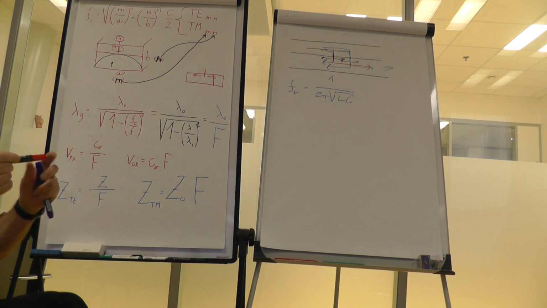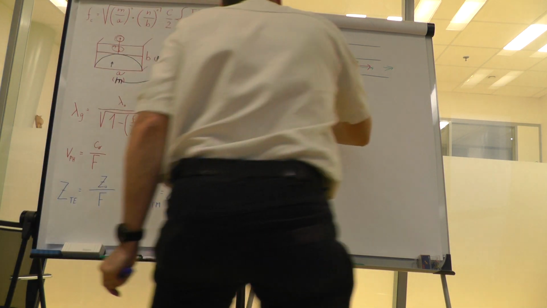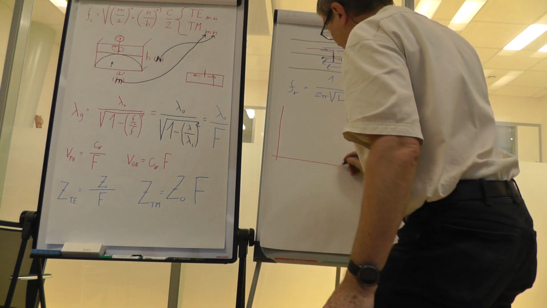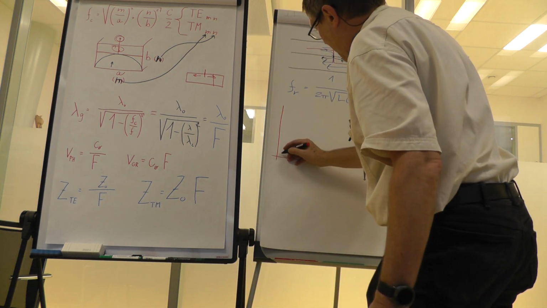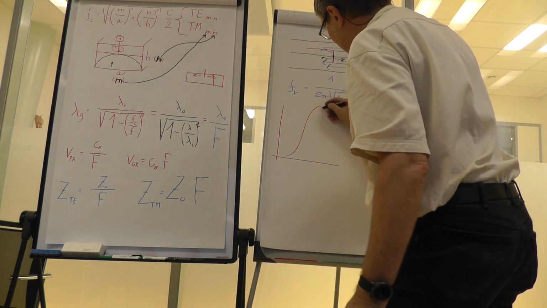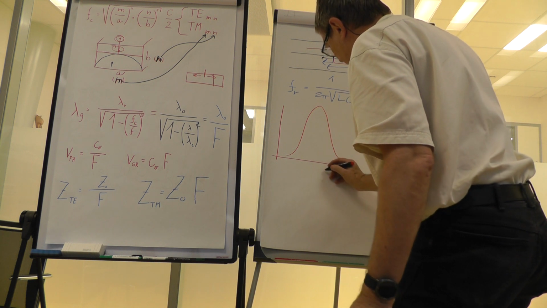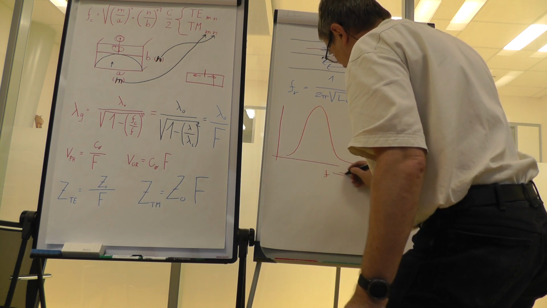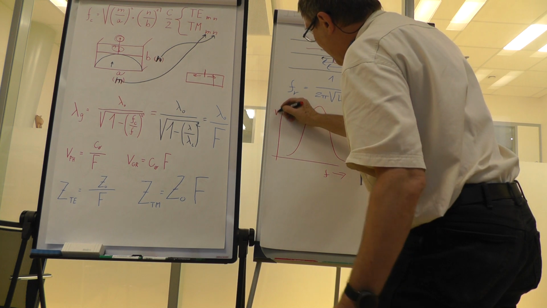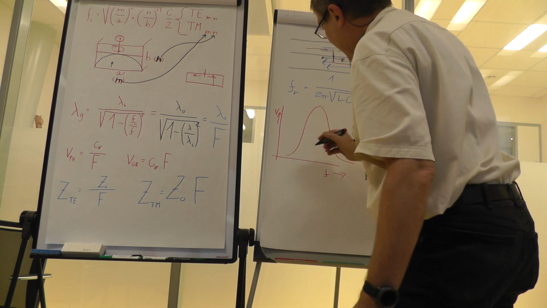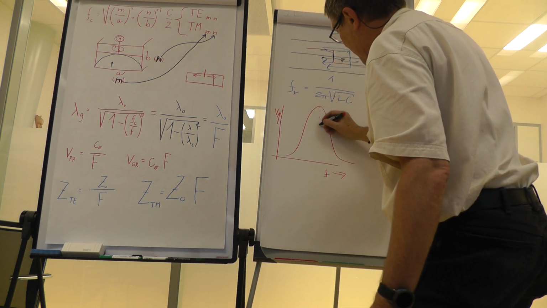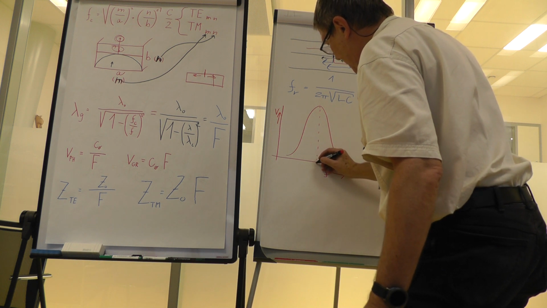Now, remember, if you have a resonance circuit and you have, for example, the S-curve, which is about frequency, and let's say the voltage on the circuit. So at resonance, there is maximum voltage.